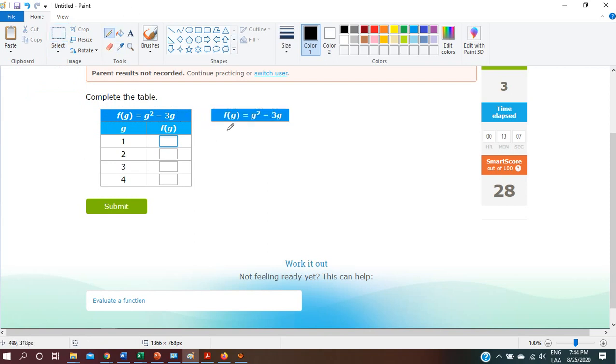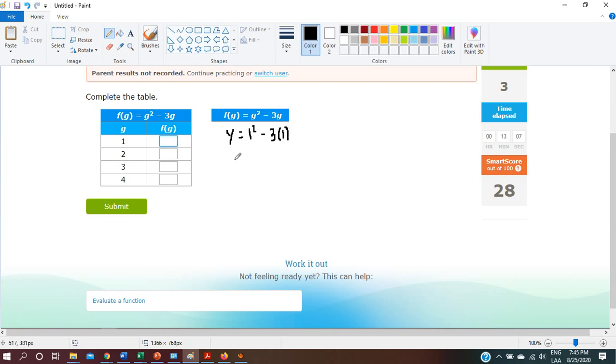Now y, or function of g, or f of g, equals g squared minus 3g. What is the first value of g? It is 1. 1 squared minus 3 that multiplies g. What is the value of g again? 1.